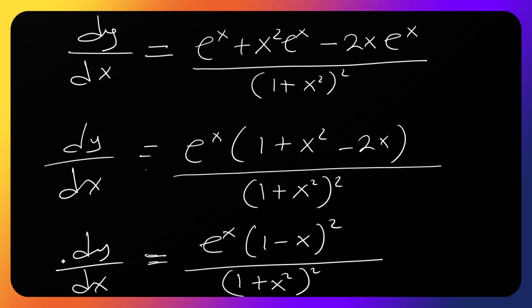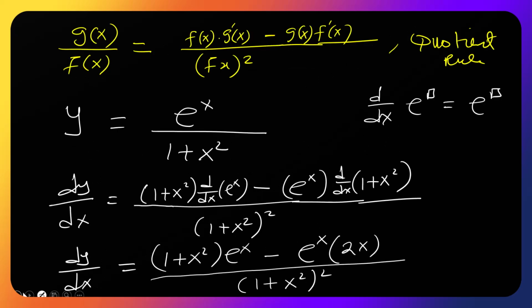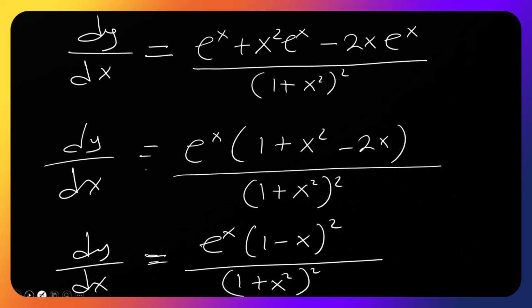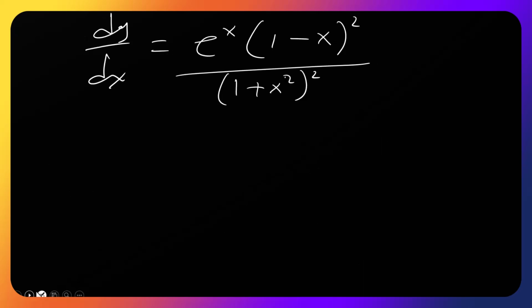All right, so that's that. Now let's look at the given point. We have to find dy/dx at the point. The point in the question is 1, e/2. So let me repeat this one. At the point 1, e/2, that's the point.